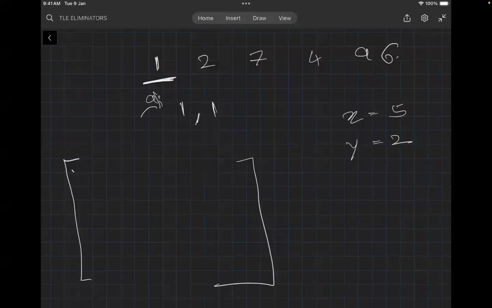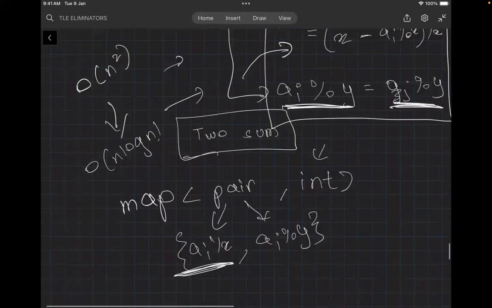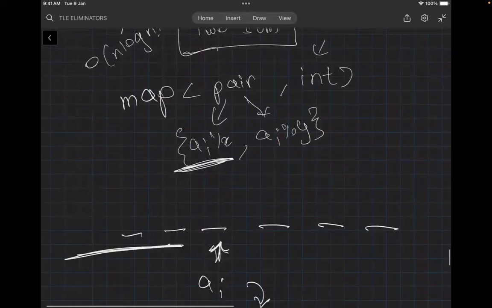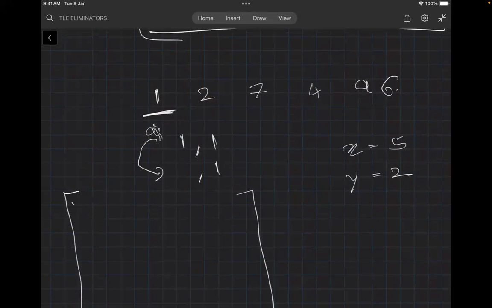So what should the values of aj mod x and aj mod y be? Aj mod y should be the same, because we have derived that formula. And aj mod x should be x minus ai mod x, the whole mod x. So 5 minus 1 is 4, and 4 mod 5 is 4.